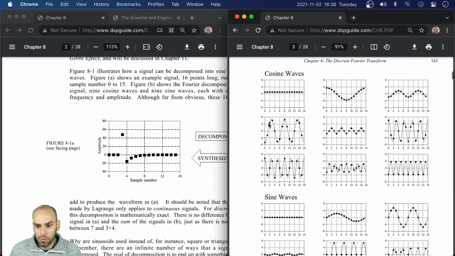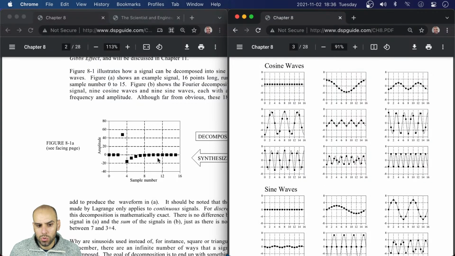And the purpose of a Fourier transform is to represent these dots, this signal, in a different way. We are not going to convert the material itself. It's just a different way of seeing the material.